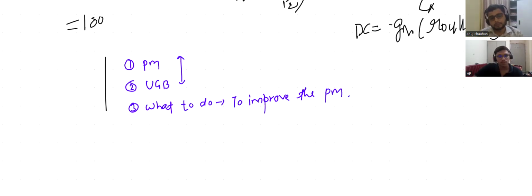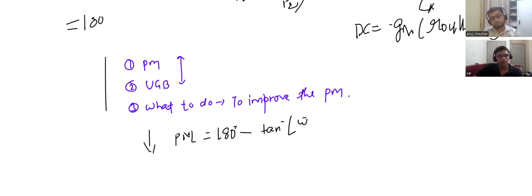Phase margin expression I want from you, then UGB, and what needs to be done to improve the phase margin. I will say omega u, nothing but omega UGB.